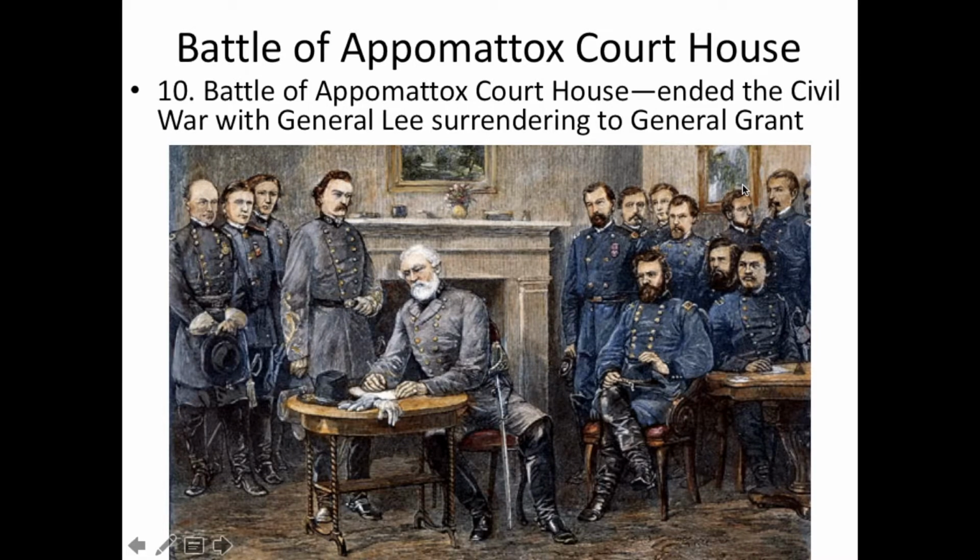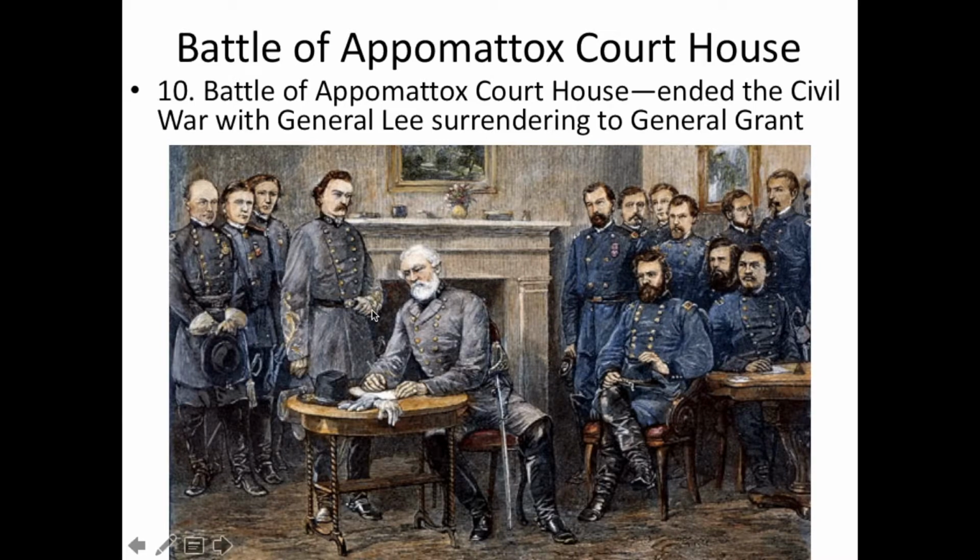Lincoln is going to send him to fight in the Eastern Theater. He's going to basically chase Robert E. Lee around the countryside in Virginia. That's called the Wilderness Campaign. Eventually, with Sherman's March to the Sea, a lot of people in the South are going to have their property destroyed. The Wilderness Campaign is going to take a toll on Lee's army. They're going to surrender. The Civil War will be over at this point.